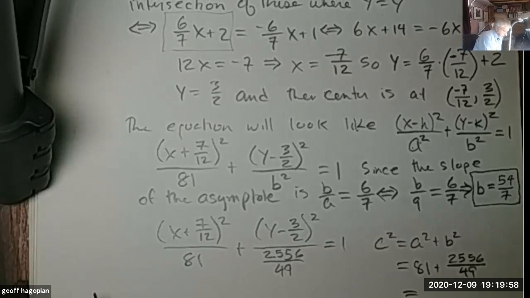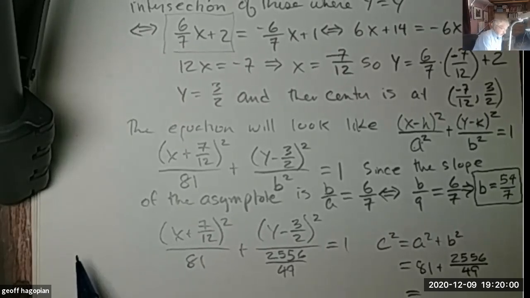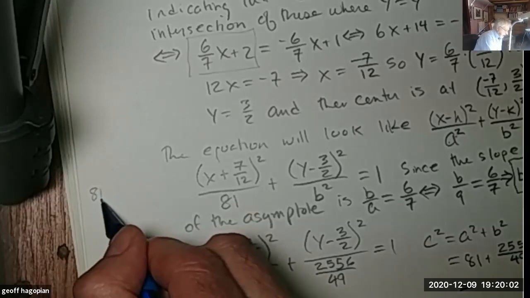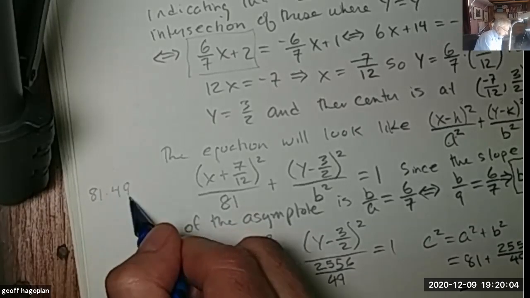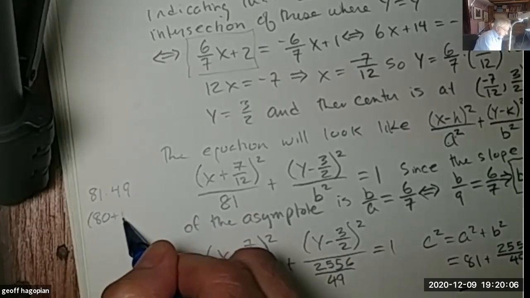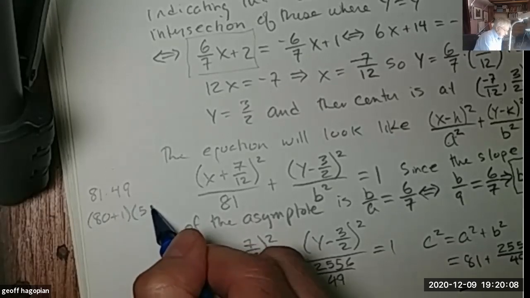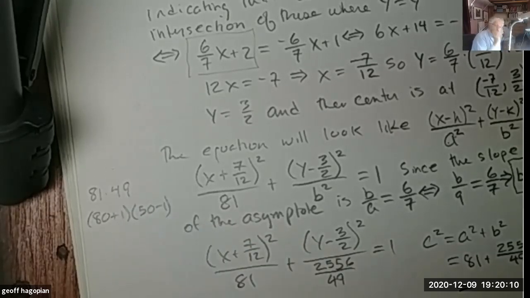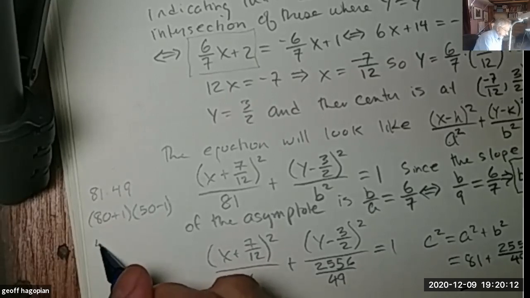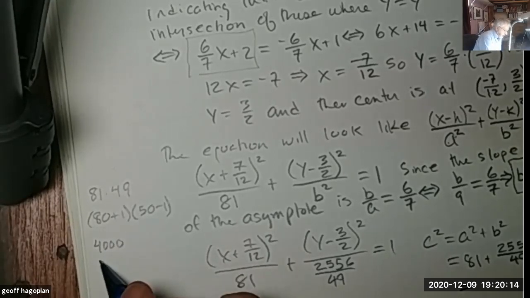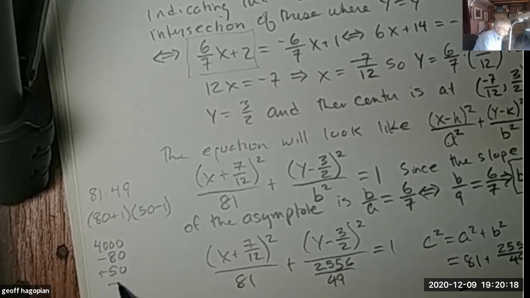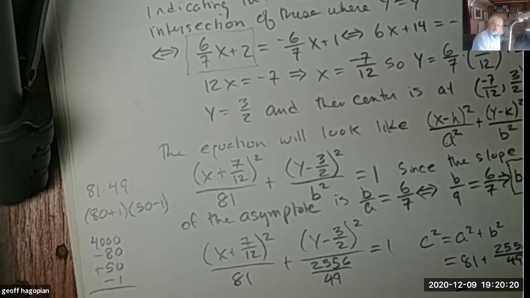So let's do a little scratch work up here. 81 times 49 is 80 plus 1 times 50 minus 1. So that's 4,000 minus 80 plus 50 minus 1 altogether, right?